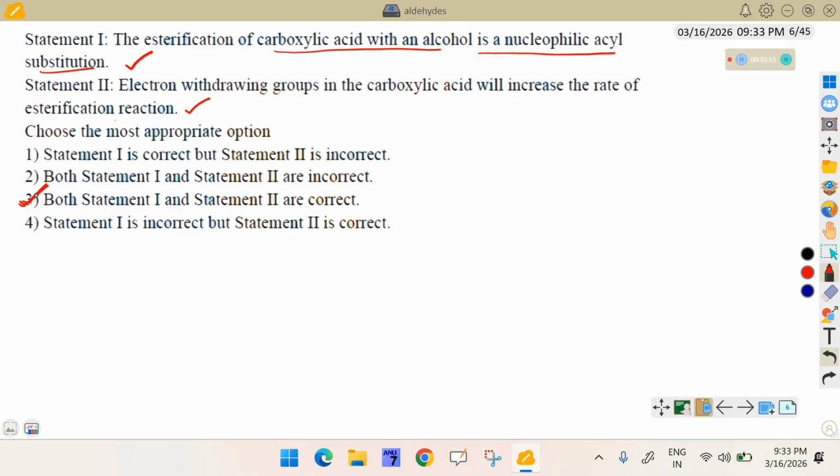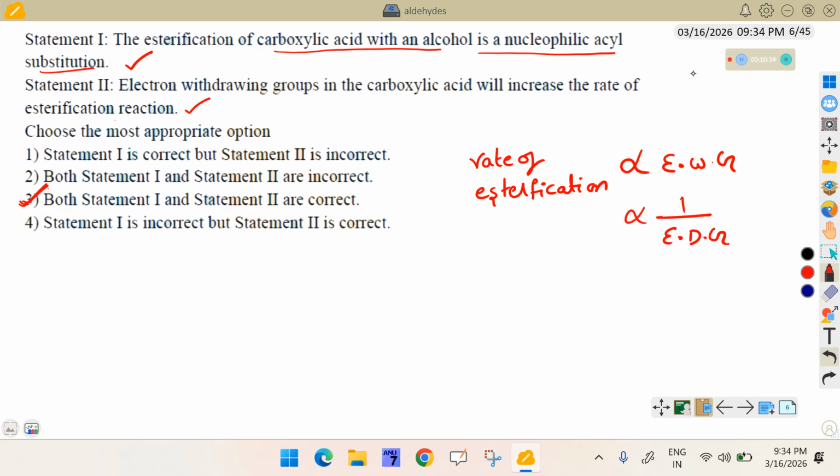Both 1 and 2 are correct statements. Here, note down the point: the rate of esterification is directly proportional to electron withdrawing group. That means inversely proportional to electron donating group.